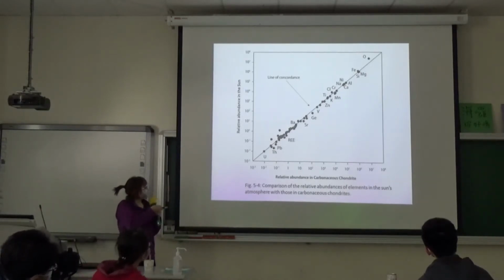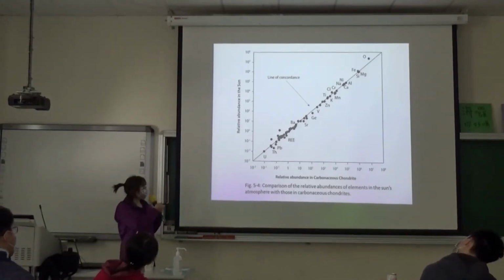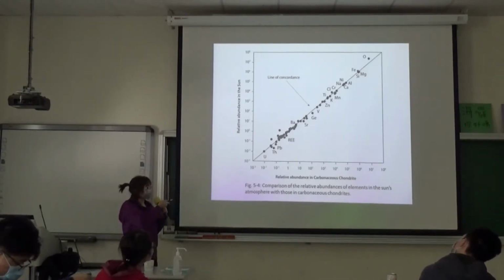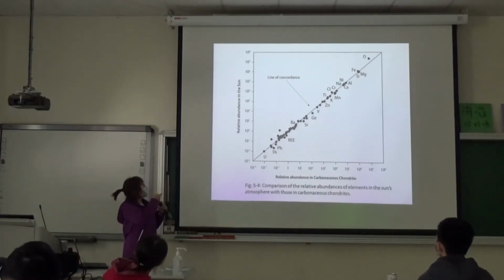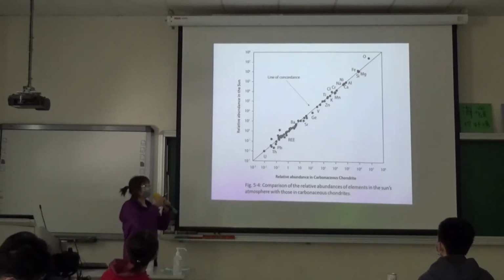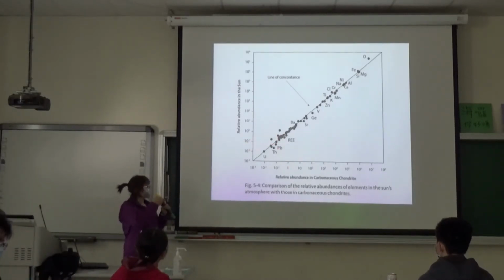We can find these two have a good linear relationship. This gives us evidence that the elements left in the Sun's atmosphere can give a resource to form the Earth's inner planets. So there is a linear relationship between these two. This is the end of my talk.